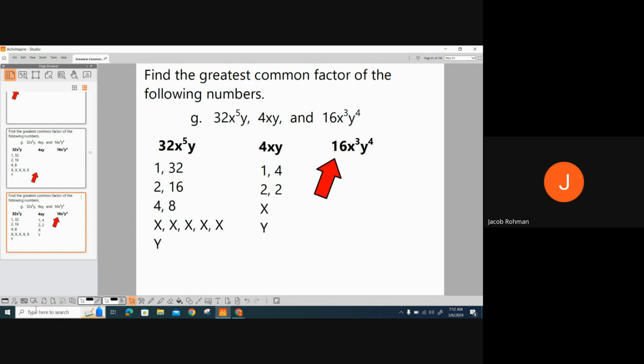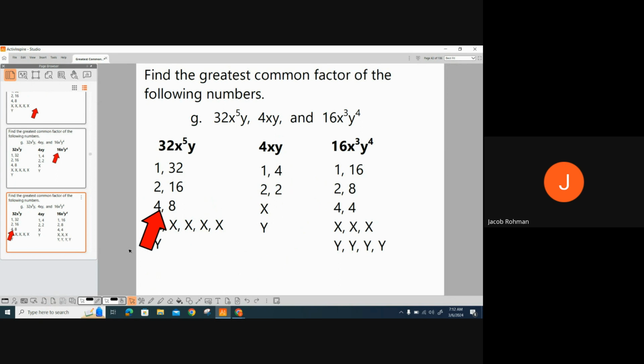And for the 16x cubed y to the fourth, we're going to say 1 times 16, 2 times 8, 4 times 4, x 3 times, and then y 4 times. So we know, starting at the bottom, that each term shares at least one factor of y, and at least one factor of x. And between the numbers, they share a factor of 4. So we would call this the GCF of 4xy.